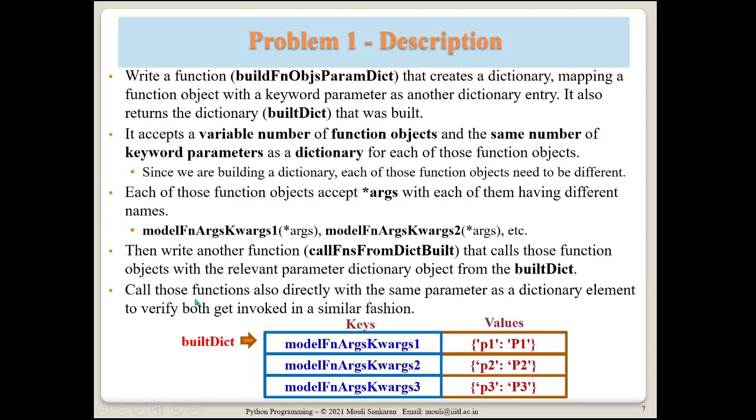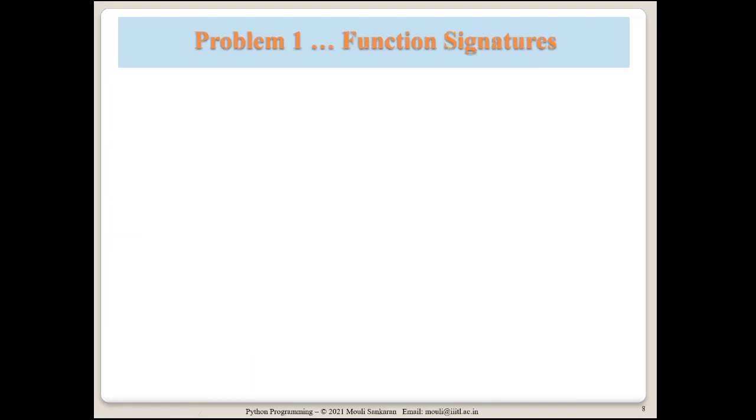From inside of this function you will be calling those model functions, and then you call those functions also directly with the same parameter as a dictionary element, to verify both get invoked in a similar fashion. I want you to verify that if I call this function with this parameter as a dictionary object, it should run the same way. Then you know that calling from the dictionary and calling directly are both working fine.